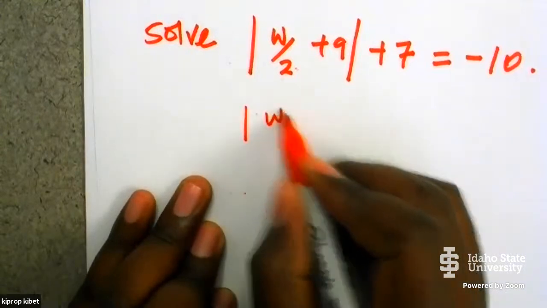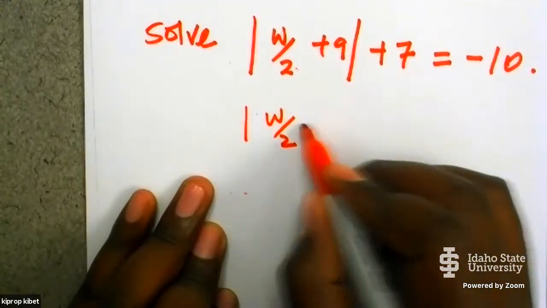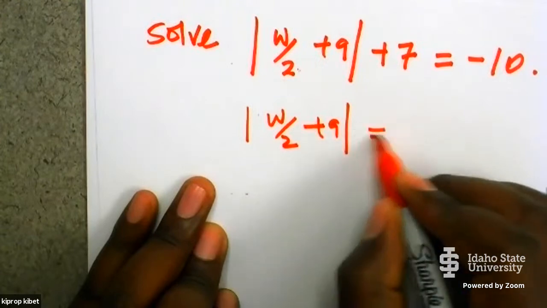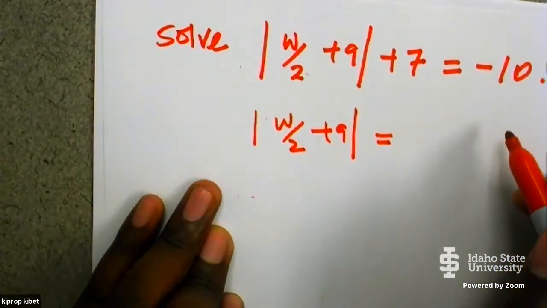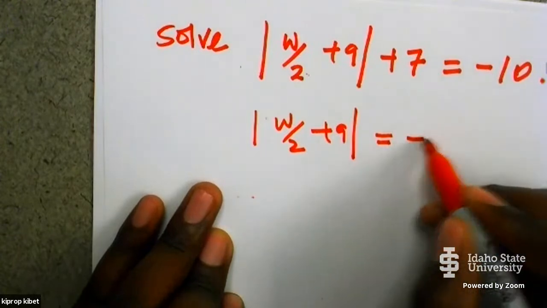So the absolute value of w plus 9 is equals to what? Minus 10 minus 7, negative 17.